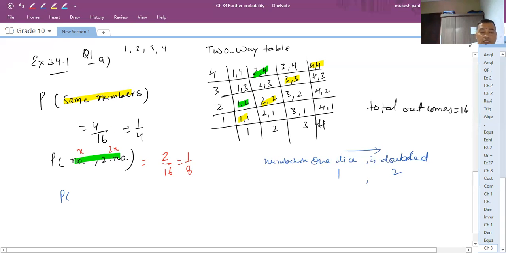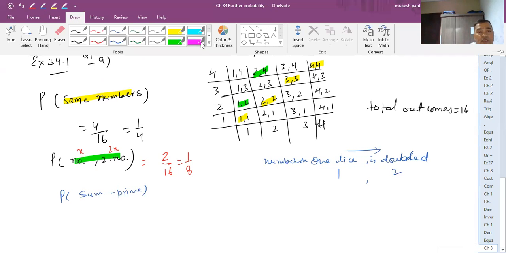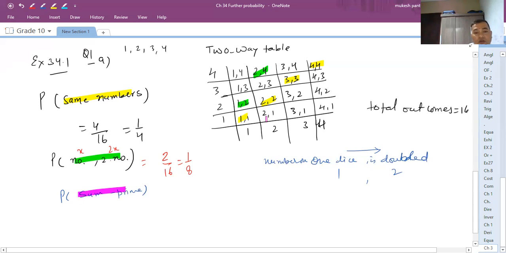And in part D, what is the probability that the sum of both numbers is a prime number? Okay, so the sum of the numbers is prime. Then you will have to check which ones give a prime number. Like 1 plus 1 is 2, a prime number, yes. 1 plus 3 is prime, yes. This is no, yes, this is.